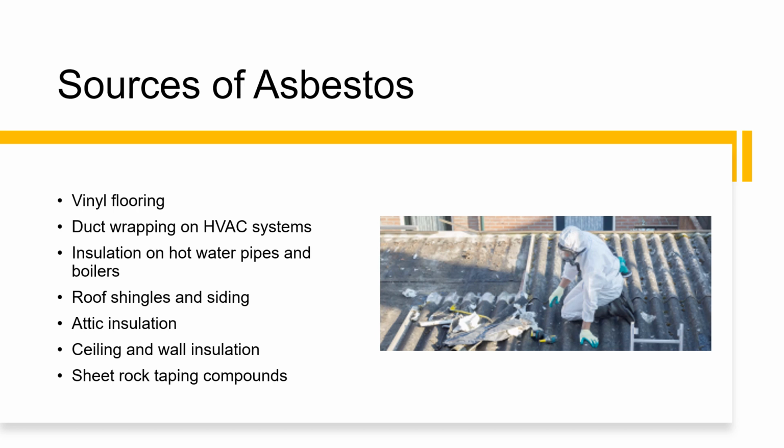However, even though it is still legal to manufacture asbestos-containing products, it is now far less common for asbestos to be used compared to the pre-1970s era. So if you're living in a newer build home or apartment, this probably isn't a concern for you, but if you are living in a house that was built in the 1970s or earlier, there is a good chance that there is some asbestos somewhere in your home.